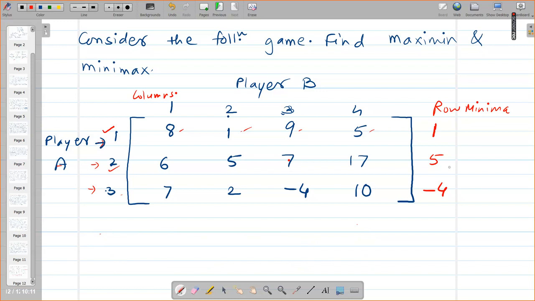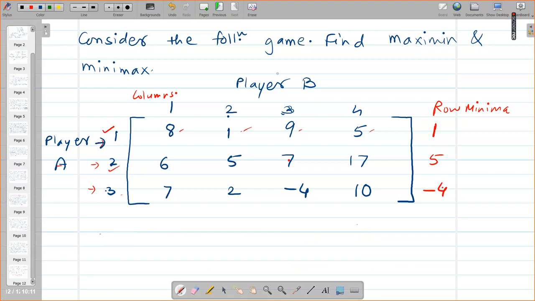So now among these row minima, ये 3 में से अभी A को सिलेक्ट करना है. अभी B का सिलेक्शन हमने देखा. B क्या सिलेक्ट करेगा? अभी इन 3 नंबर्स में से A is interested in what? Maximizing the gain.